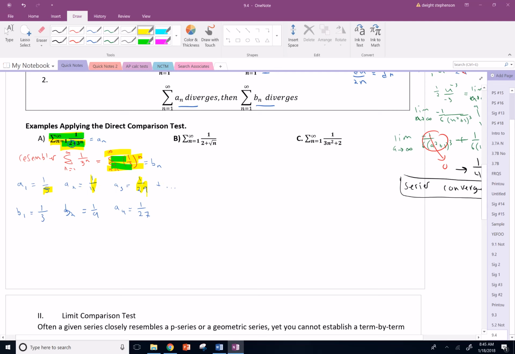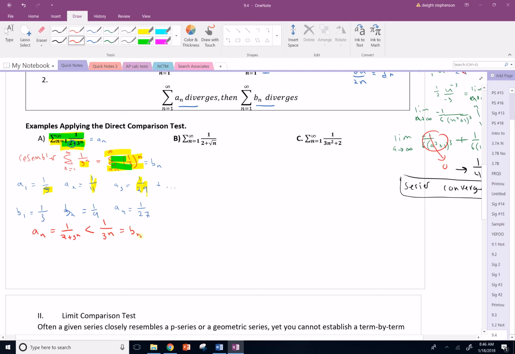And that will always be true for all the terms, right? Because you're always adding 2 to the same thing you would have here. So you're always going to be dividing by a bigger number. So what we can show is set up this inequality here that AN, we already know this, is 1 over 2 plus 3 to the n, which is less than 1 over 3 to the n, right?